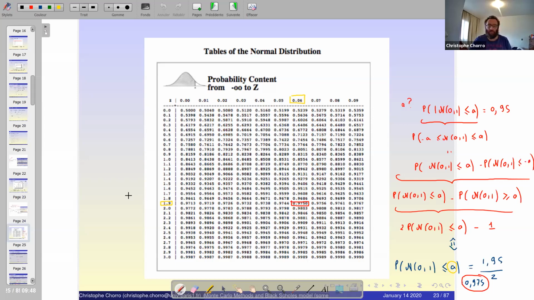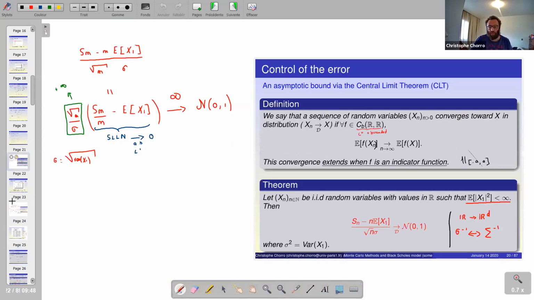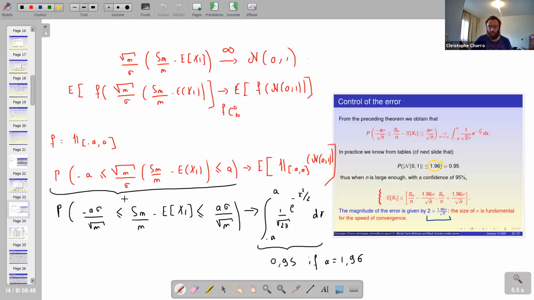But I have a problem if I want to use this methodology in practice, because keep in mind what I want to do. If I want to control my error here, I need to know this confidence interval. In particular, to have in practice this confidence interval, I need to know sigma.